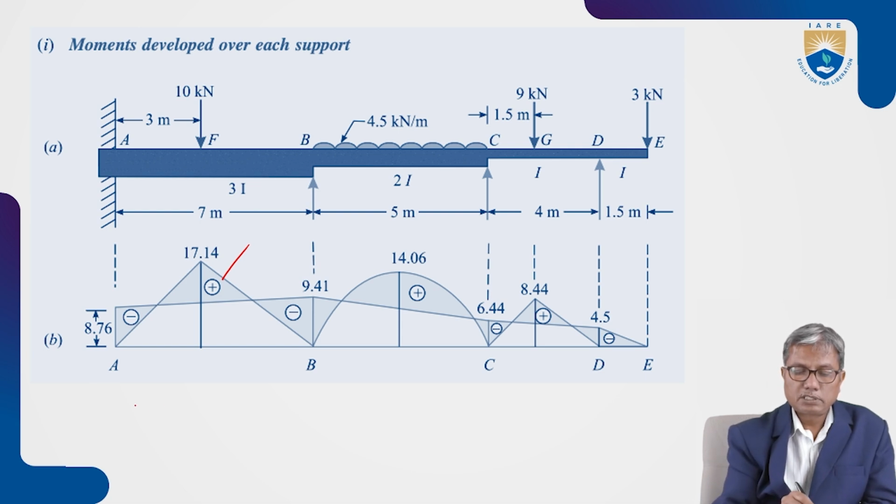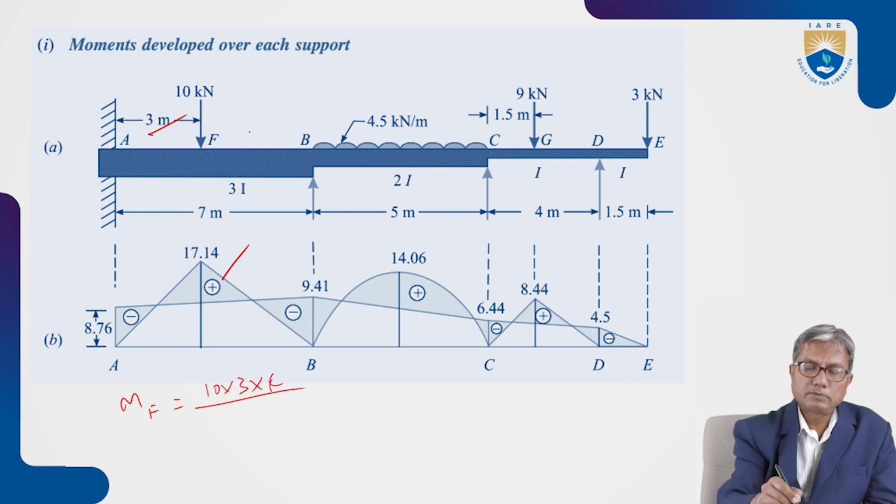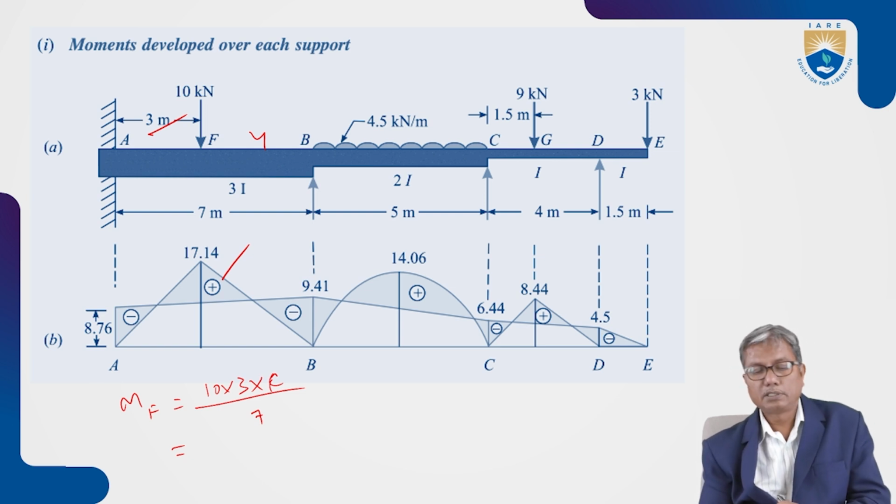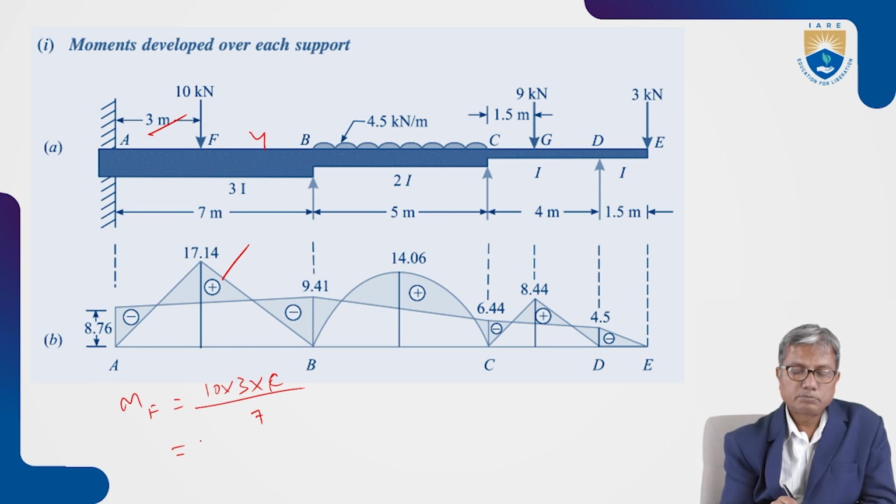That means moment at F is WAB by L, where a is 3, b is 4. So this comes out to be 17.14 kilonewton-meters.